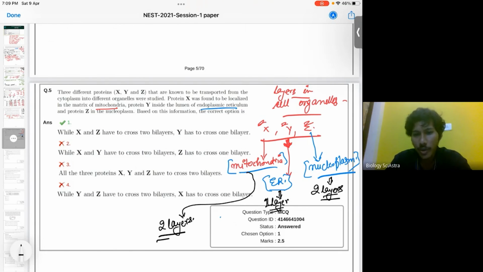So now tell me how many layers X, Y, and Z have to cross before entering these cell organelles. So mitochondria में जाने के लिए it will have to cross 2 membranes or 2 layers. In ER it needs 1, and in nucleoplasm it needs 2. So knowing this fact, we come to the conclusion that while X and Z have to cross 2 bilayers, Y has to cross only 1 bilayer. Okay. So this was your fifth question.